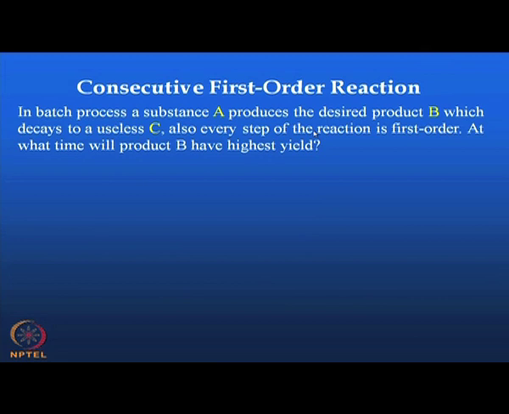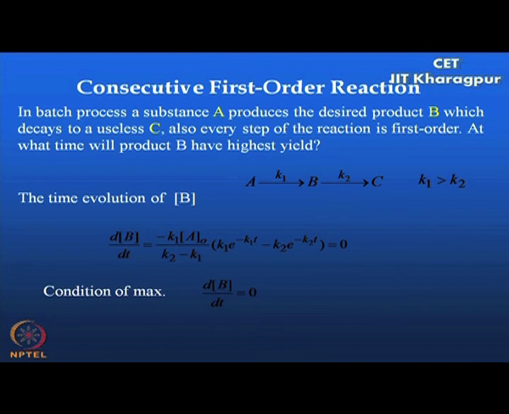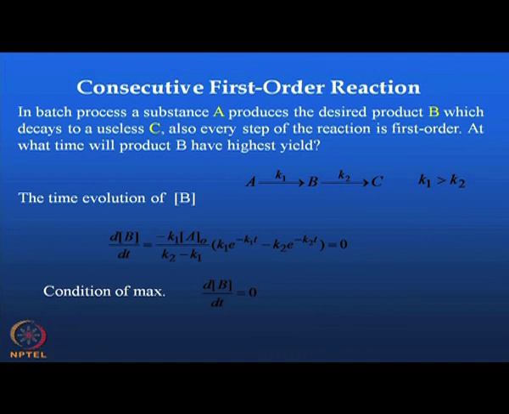So, what is the utility of such a description? This has a tremendous utility. If you think of industrial processes, like A which is producing the desired product B, and then your desired product may undergo some side reaction or some other reaction which is an undesired one, which is useless to you.